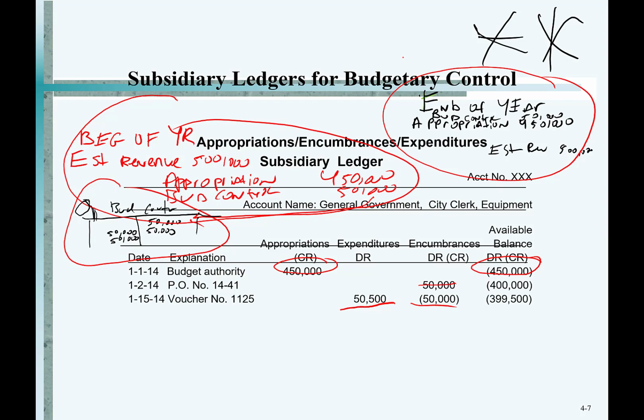Encumbrance is zero now, isn't it? Okay, because I don't need that placeholder anymore, right? So I zero it out. My encumbrance is zero. And I debit budgetary control for $50,000. So I still have the $50,000. That was from the original budget at the beginning of the year, wasn't it? That I stuck there? Right?